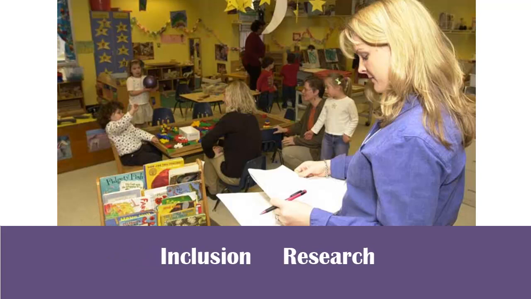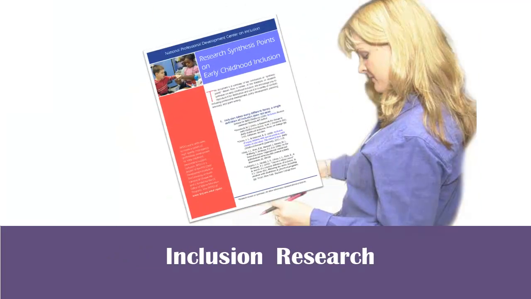Now, inclusion has solid legislative backing as well as research support. The research synthesis document provides a summary of what we have learned through research about early childhood inclusion. We will focus on 4 of the 9 points contained in that document. For this complete resource, see the Connect module's website.